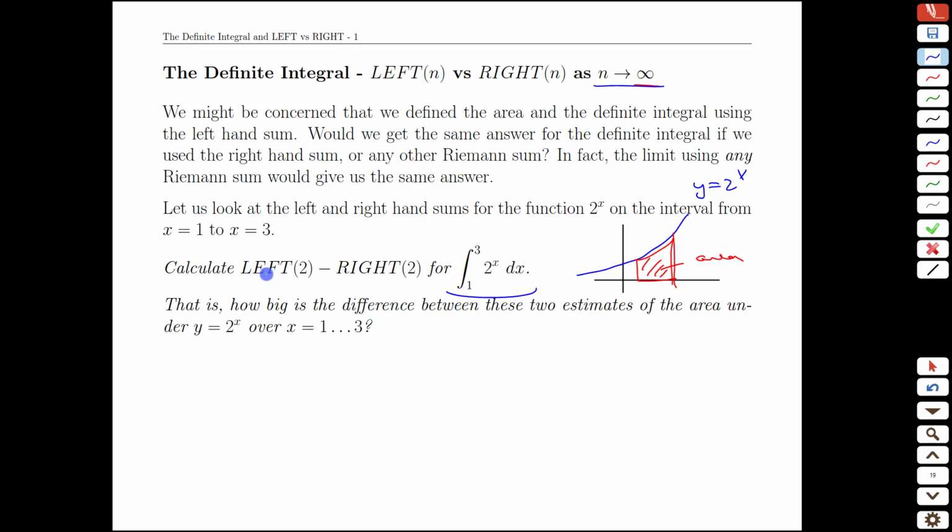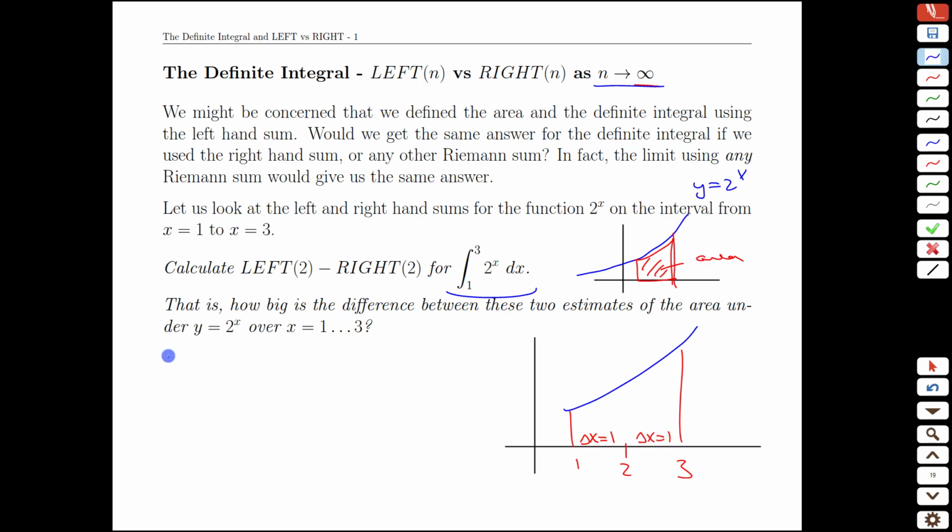One way to look at this is to look at our graph again, 2 to the x, and we're going to divide the interval from 1 to 3 into two subintervals. So delta x is 1, from here to here is 1, from here to here is 1. Those are our widths.